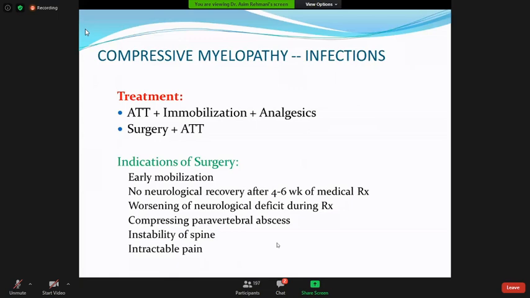There is one more indication: if the patient has deformity due to destruction of the spine, it is another indication for surgery.